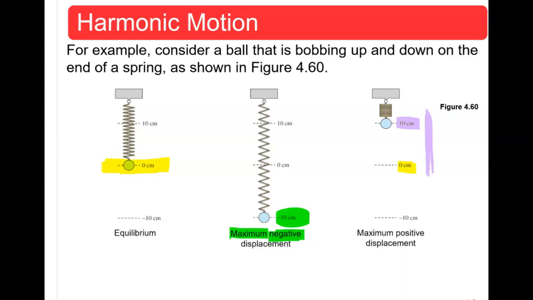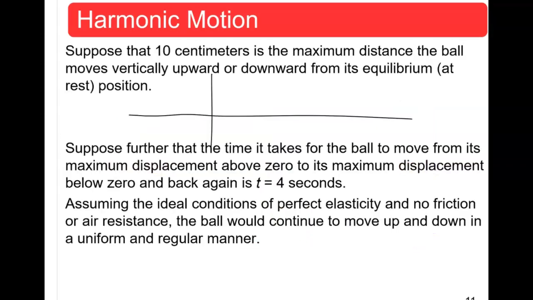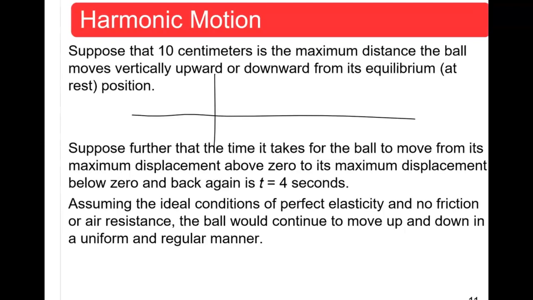It will be considered positive, and it will be 10 centimeters, and that's what we will refer to as the maximum positive displacement. Now we're going to look at the pattern of the spring in a horizontal way. So recall that we start the equilibrium point, the starting point was at 0.